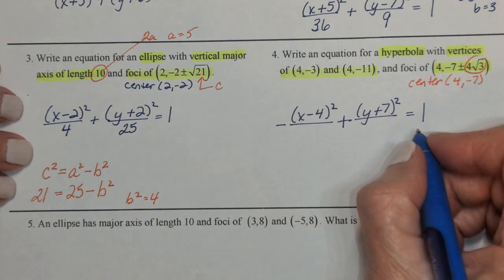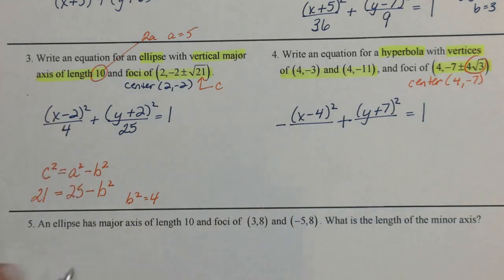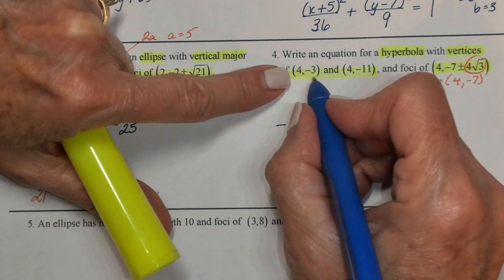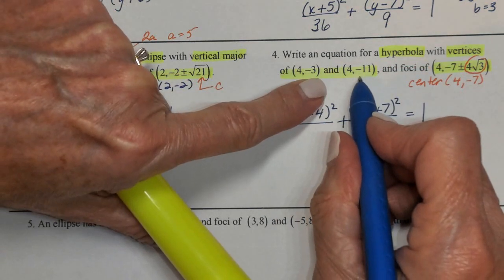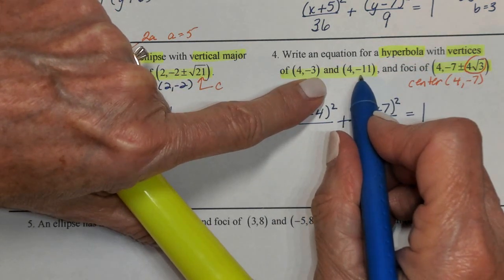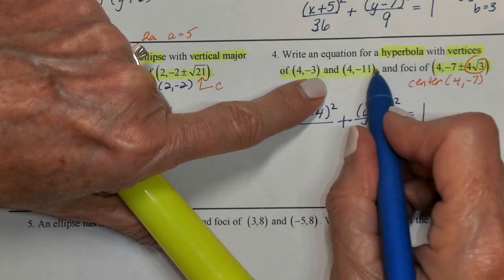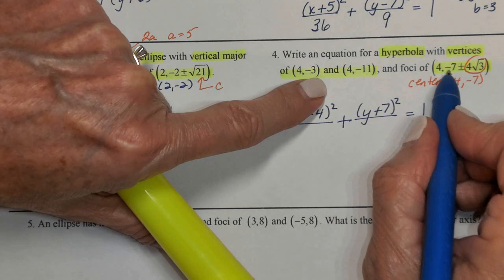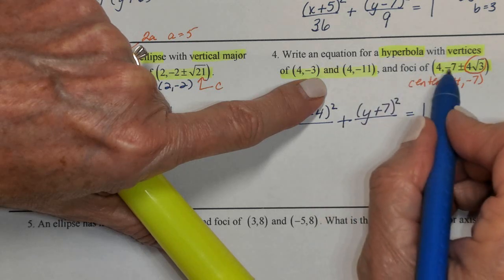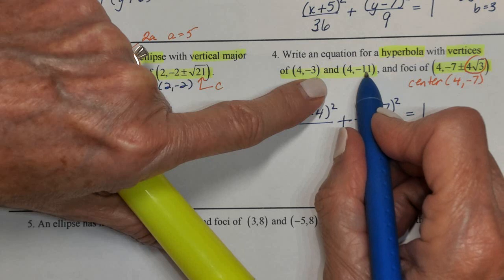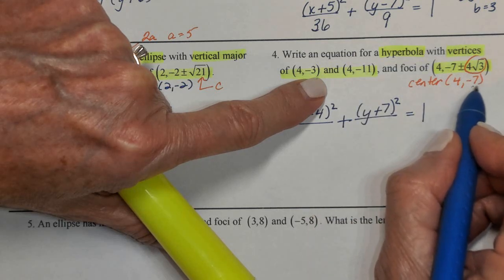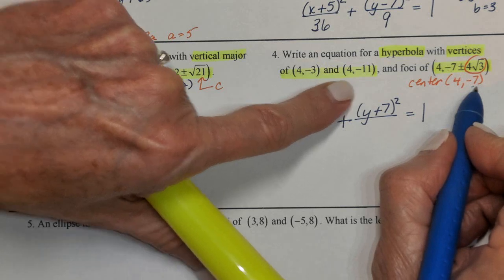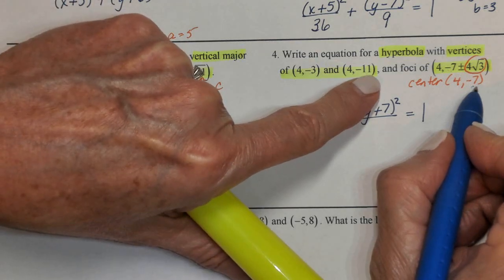All right. They gave me the two vertices. They lie in the y direction, right? How far is negative 11 from negative 7? The y coordinate of the center is negative 7. How far do we go to get to negative 11? We go 4 over.